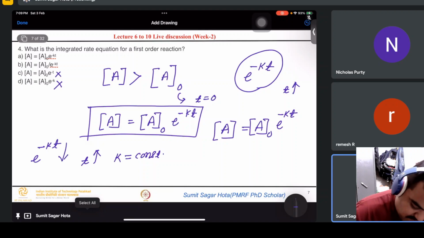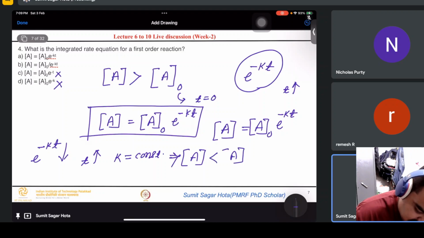In that case, the concentration a will be less than a naught. For example, I have an expression which is a function of temperature.